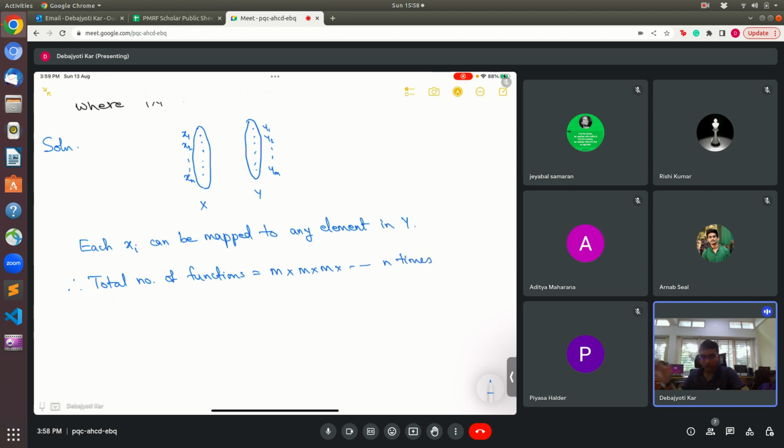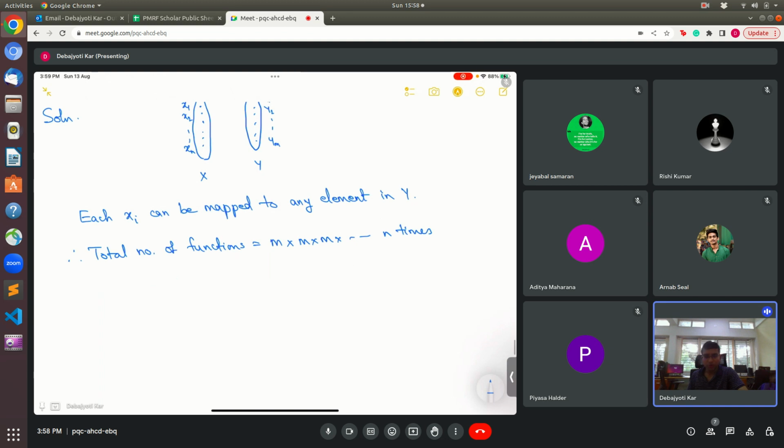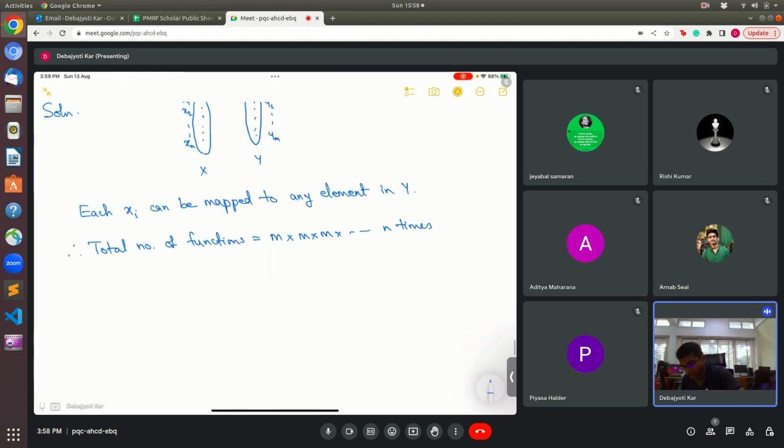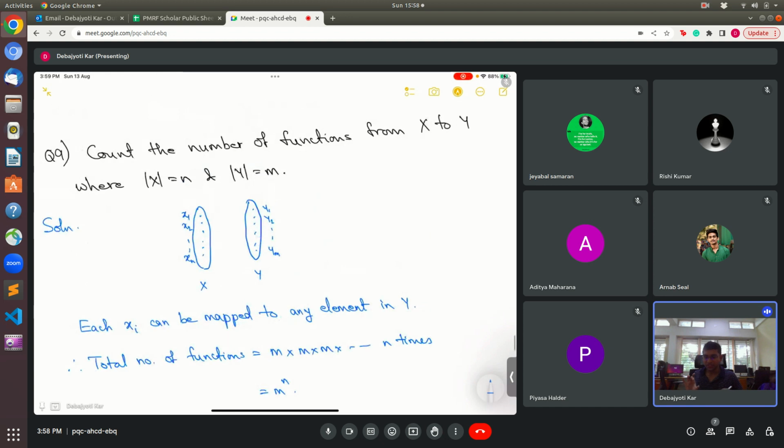For each of these xi, where i goes from 1 to n, there are m possibilities for mapping xi. So the number of functions is exactly this, and this is nothing but m to the power n. Okay, so the number of functions from an n element set to an m element set is m to the power n.